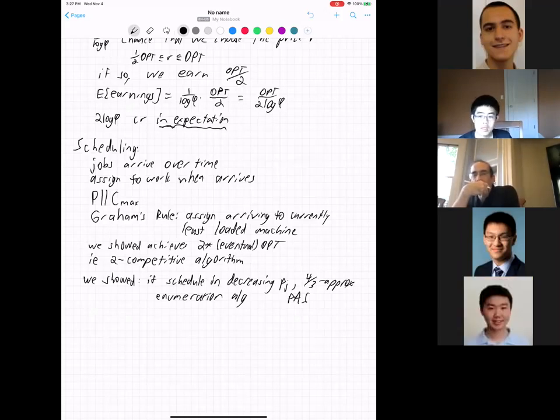Not necessarily, because I don't think you get information about how big the next set of jobs is. Yes. I mean, that is the point of online algorithms, that you don't know what jobs are going to arrive later. Now, why is that a problem?